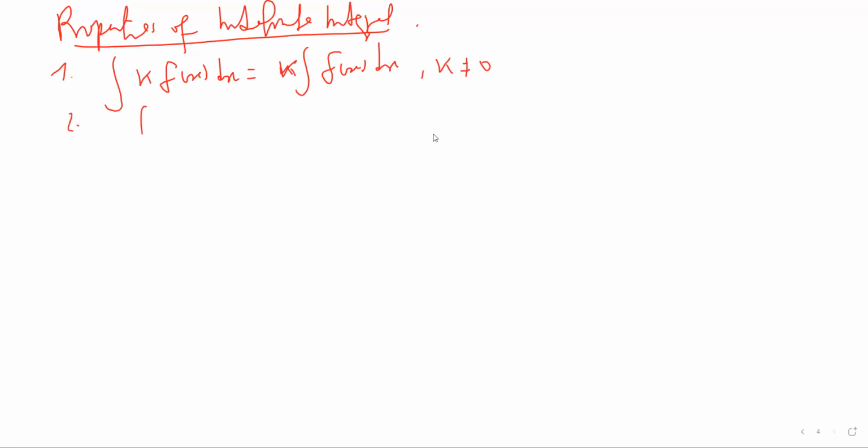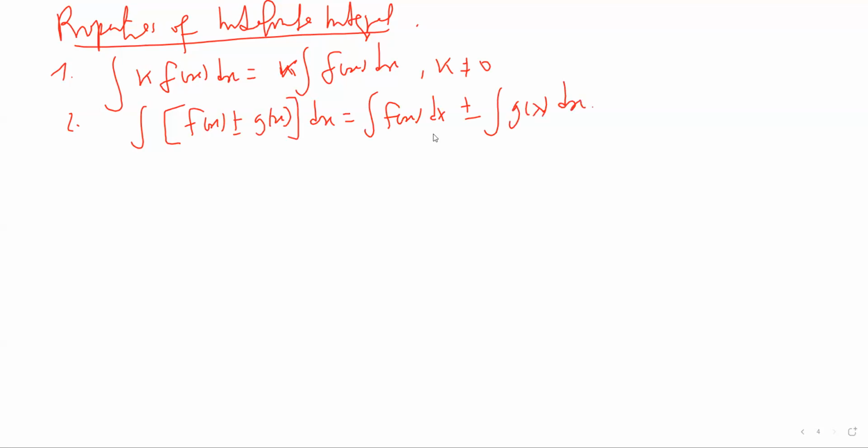Two, the integral of the sum f of x plus or minus g of x is equal to the integral of f of x plus or minus the integral of g of x dx.